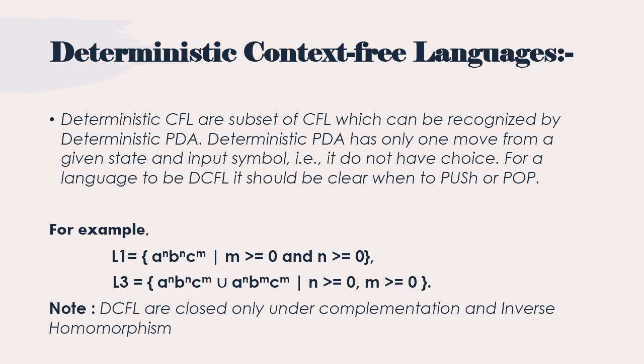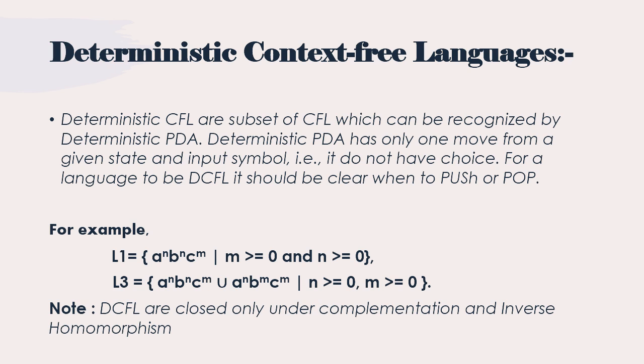For example, let us consider L1 equal to a^n b^n c^m, where m is greater than or equal to 0 and n is greater than or equal to 0 are the conditions for language 1. And let us consider another language L3, equal to a^n b^n c^m union a^n b^m c^m, and here n is greater than or equal to 0, m is greater than or equal to 0.